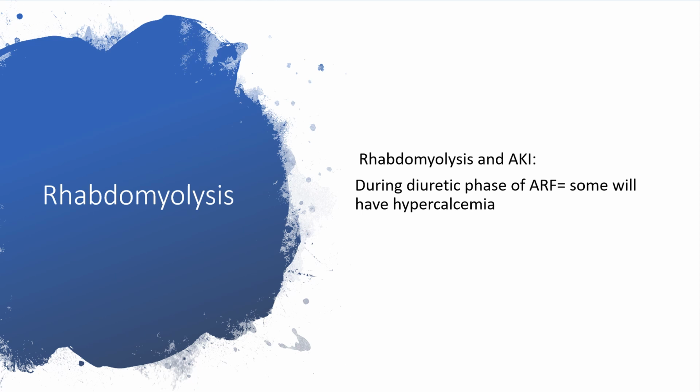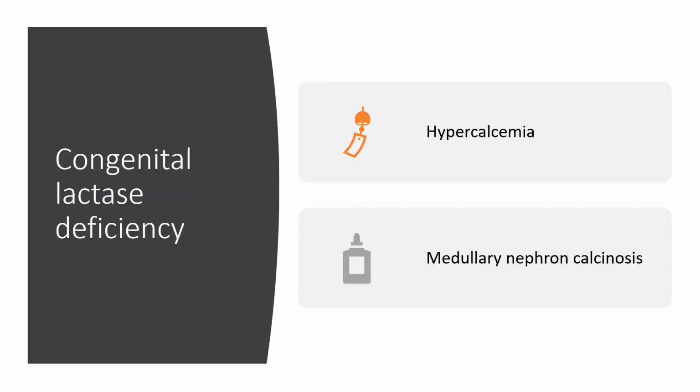About 25 to 35% of them having rhabdomyolysis, in the phase of acute kidney injury, during the diuretic phase of acute renal failure or acute kidney injury, will have hypercalcemia. Congenital lactase deficiency would give us hypercalcemia, and of course, medullary nephrocalcinosis.